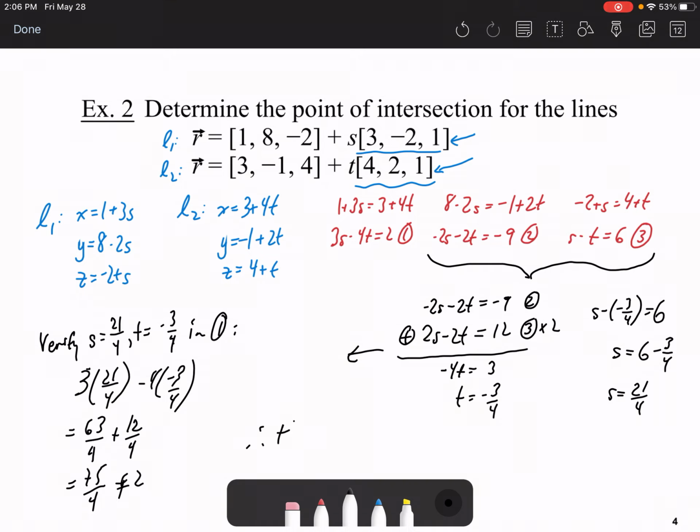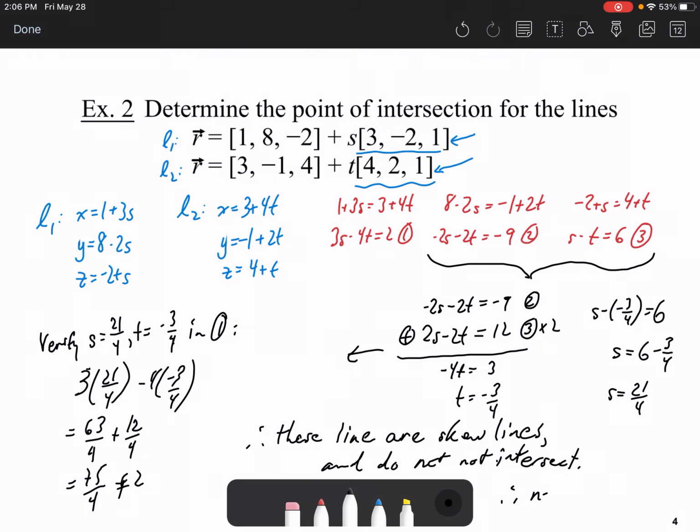Therefore, these lines are skew and do not intersect. So, no solution.